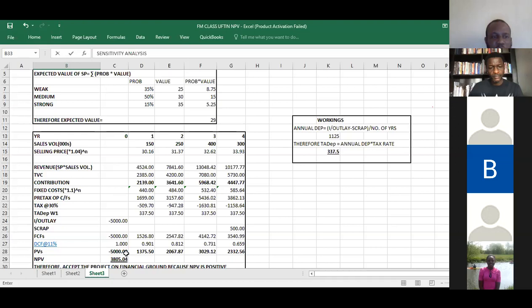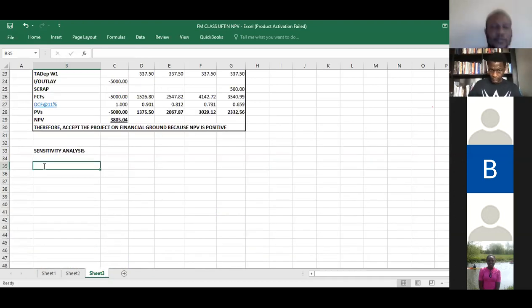So we start with sensitivity to selling price. So we'll do our sensitivity to selling price.